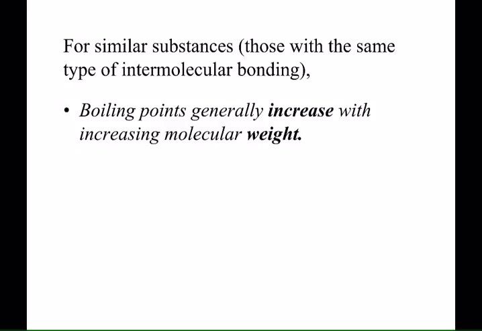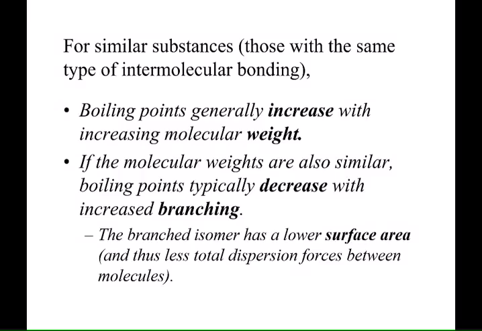So the decrease in boiling points has to do with the decrease in surface area. If molecular weights are similar, as they would be identical with these C5H12s, boiling points will decrease with increased branching.